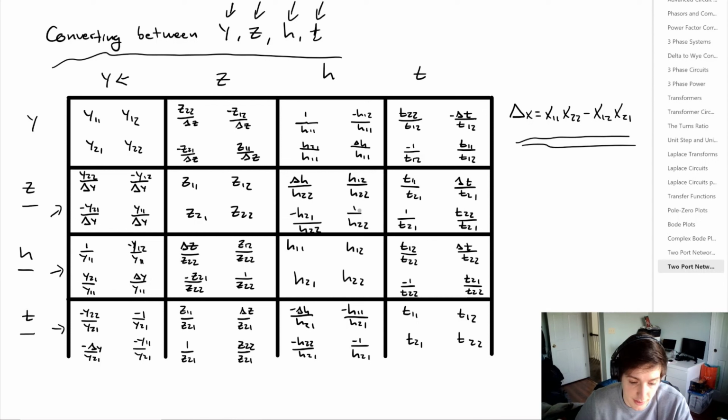Now coming back to that second question of why do we even need 4 parameters? Well, maybe you have a circuit that's really easy to model in the hybrid parameters. Maybe it gets really messy if you look in Z, T, or Y. So you can get everything in the hybrid parameters, and then from the hybrid parameters, you can actually convert into Z, T, or Y, because you know what H11, H12, H21, and H22 are.